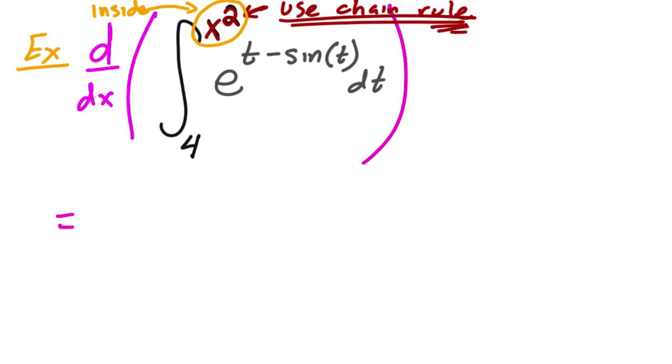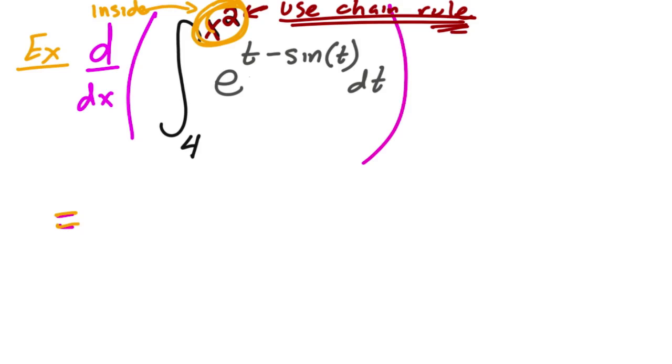You're plugging x squared inside of this spot right here, which is normally just x. So you might think, oh no, this is going to be crazy, but it's not really that bad, because you follow the same logic.